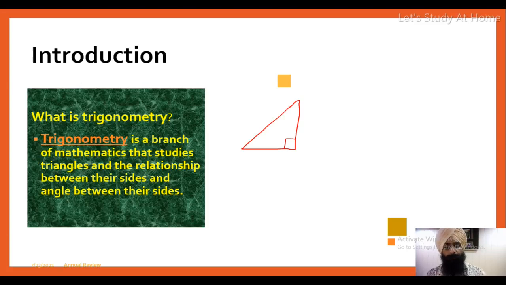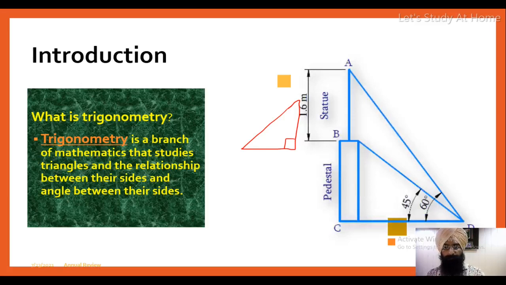Okay ji, next, we have this type of problem: there is a pedestal, a statue on the pedestal, and the angles of elevation are given, and we will have to find the height of the pedestal. Let's see next.